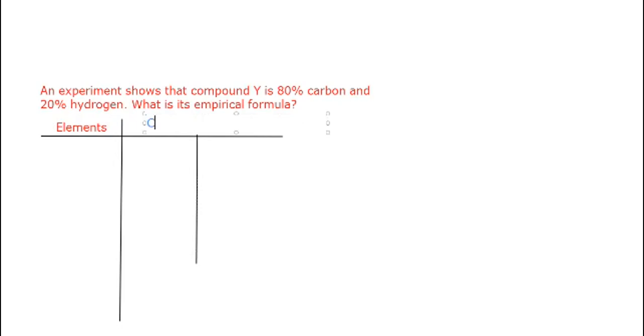That is C, and the second one is H. Okay, what was the second step? That is the relative atomic mass that we have also mentioned. And what is the symbol of relative atomic mass? That is Ar.